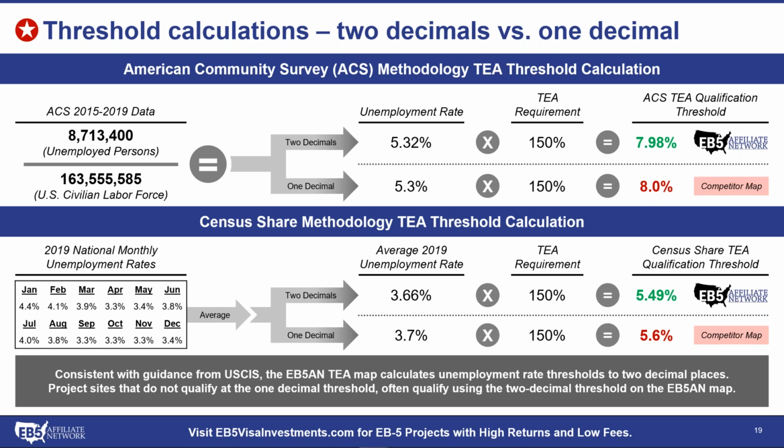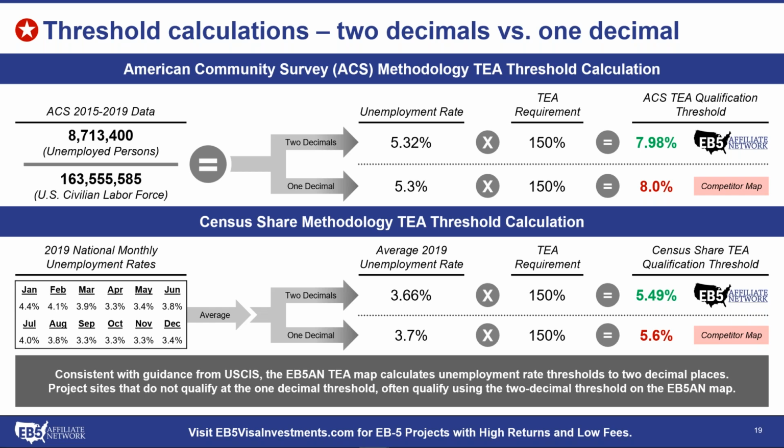Exactly. When we dive into that 2 decimal point calculation, this illustrates the impact of that difference when we're talking about the ACS method or the census share method. For example, on the census share method, taking it to 2 decimal places, our qualification threshold is 5.49, whereas other maps are 5.6.